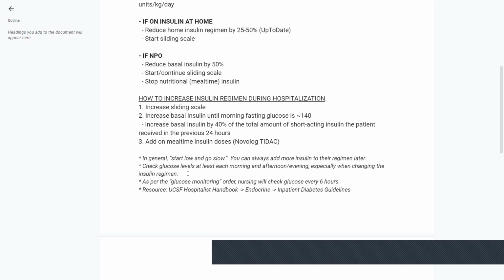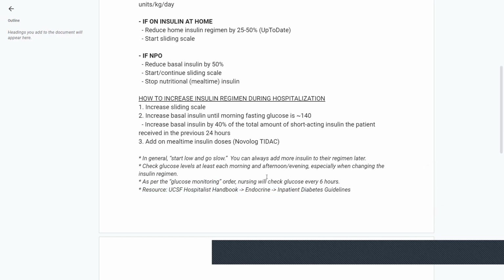And then in the hospital, we put in the glucose monitoring order for people with diabetes, so the nurses are going to be checking the sugars every 6 hours. I don't think it's possible to develop DKA within a 6 hour period. It just takes the body longer.